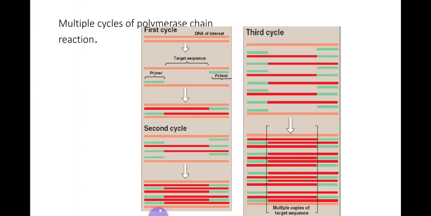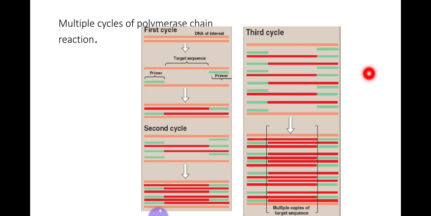This is the first cycle, in which one DNA molecule is doubled, right? From one DNA molecule, two DNA molecules are produced. In the second cycle, from the two DNA molecules, here the green colors are the primers, four DNA molecules are produced.